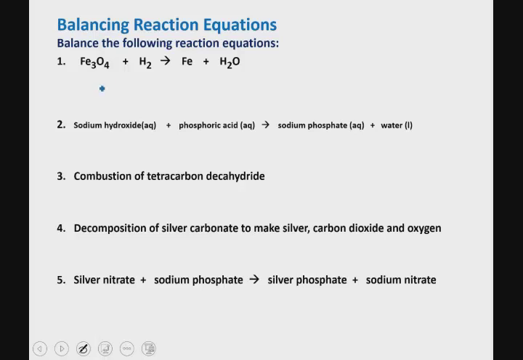So looking at the first equation, Fe3O4 plus 4H2 gives us 3 iron and 4 H2O.